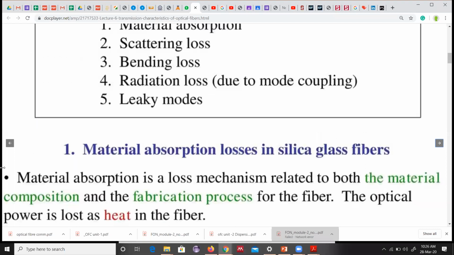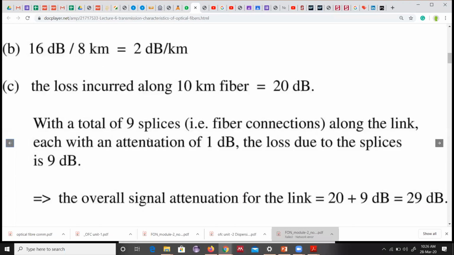So I'll stop the session at this point. In the second module we just have to go through the problems of attenuation. Whatever I've discussed today, we have discussed two problems. One is converting power in terms of watt and dBm, and calculating the overall attenuation loss and attenuation loss per kilometer.